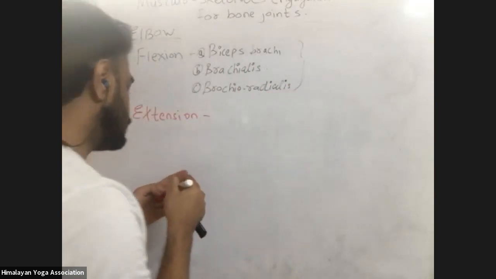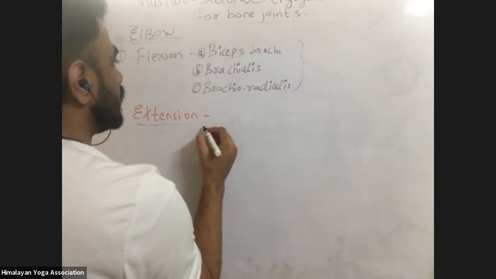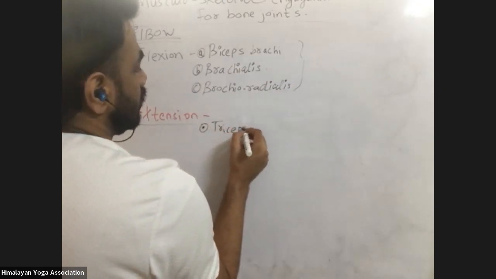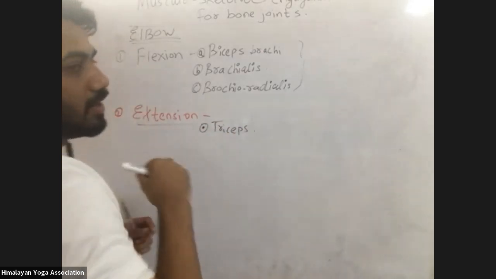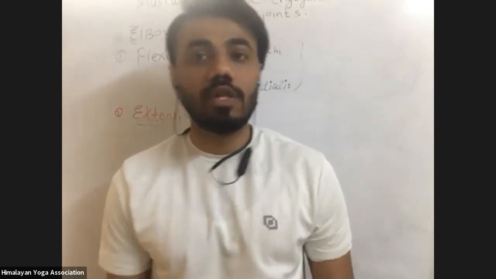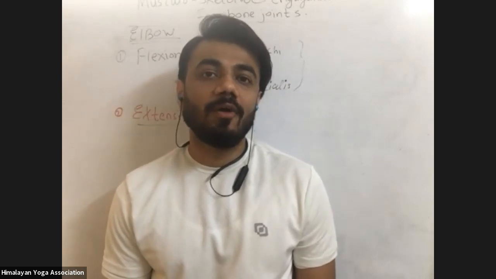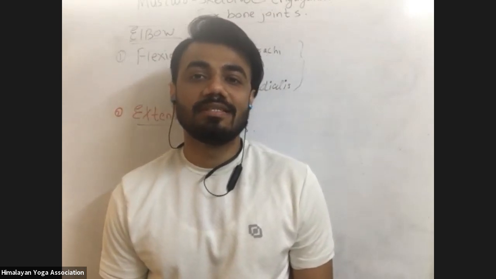We will write it down. Even if you remember triceps, it's more than enough. So triceps get engaged when we do extension of the elbow. In which posture? Upward facing dog, Urdhva Mukha Svanasana.